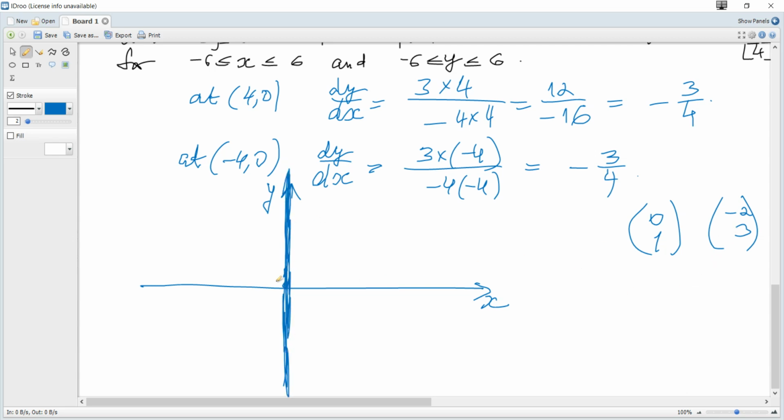And another vector is -2, 3. So -2, 2 squares to the left, 3 squares up, and a line through the origin and the given point. And again we need only lines through this vector. We need direction, it's important direction only.